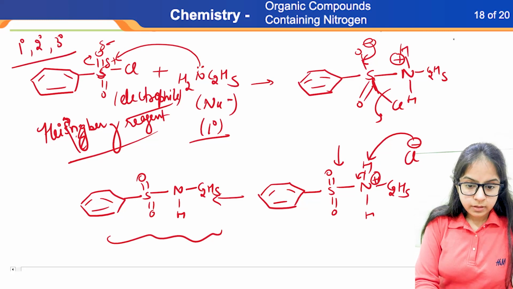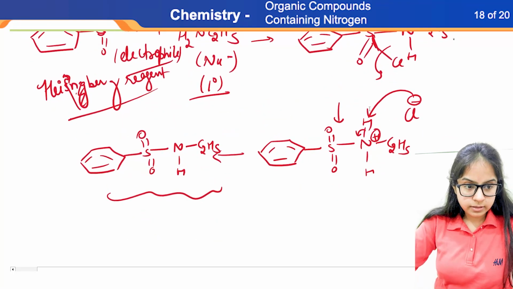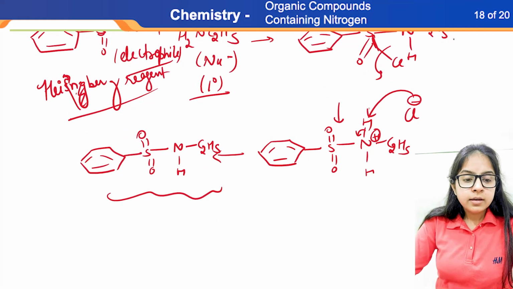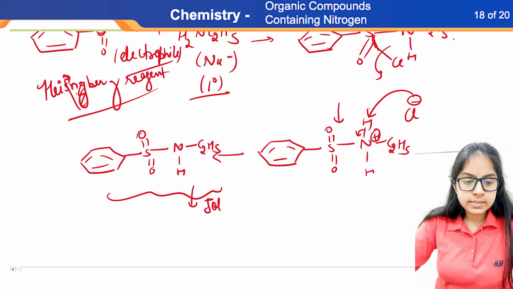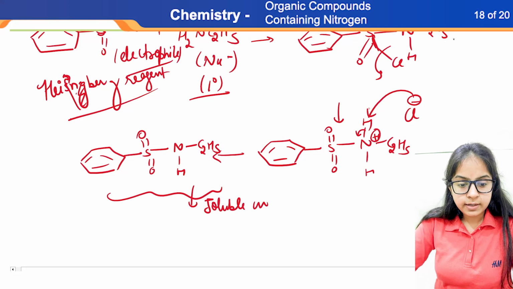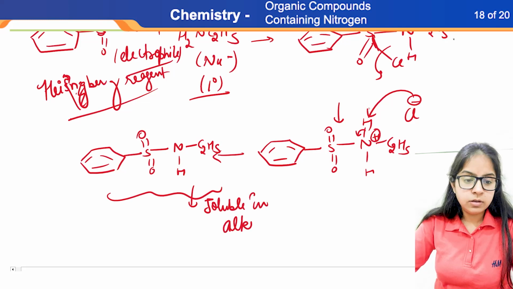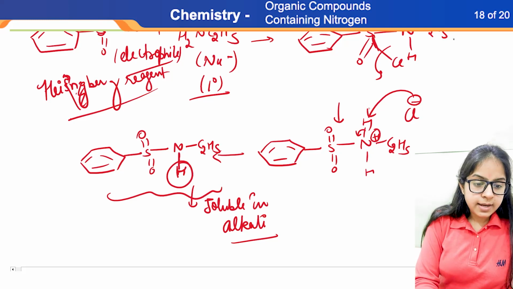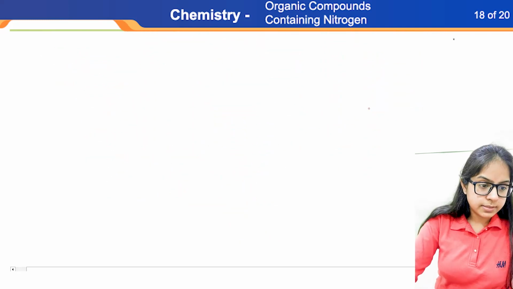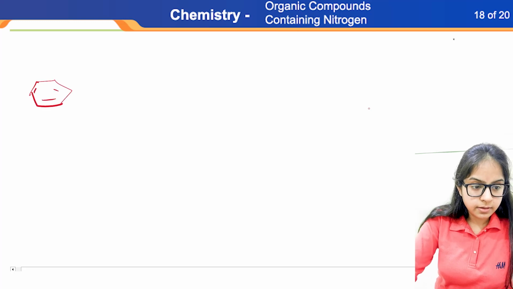Now see, I told you regarding this primary amines. Now this one is soluble in alkali. This is soluble in alkali, means primary amine is soluble in alkali because of the presence of this hydrogen. Now the next one is the secondary amines. Hinsberg reagent is going to react with secondary amine.